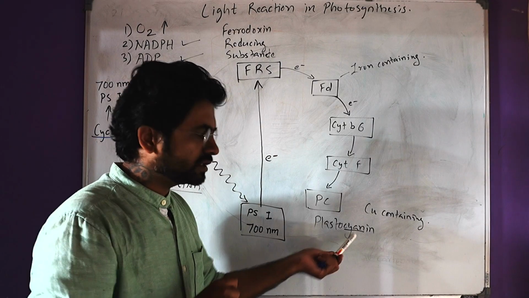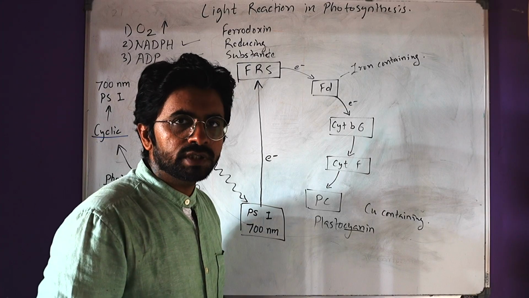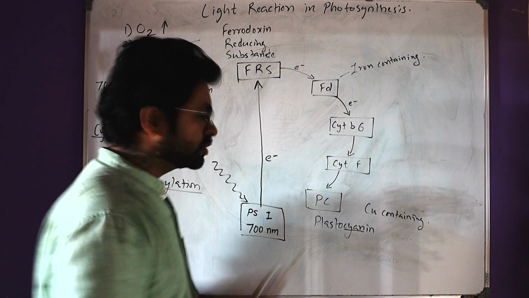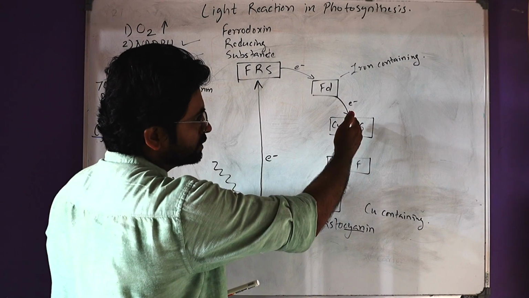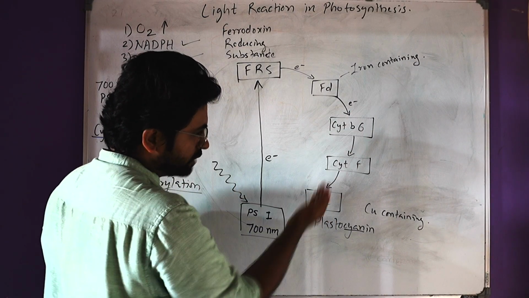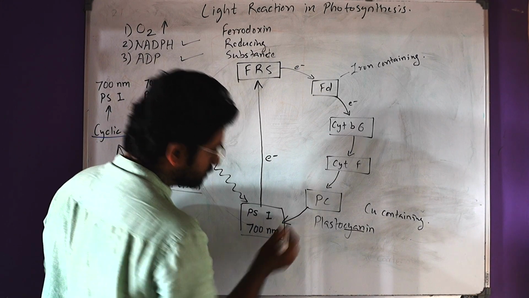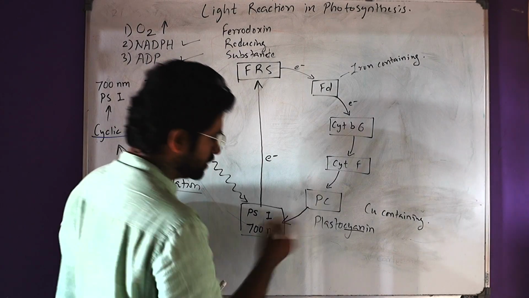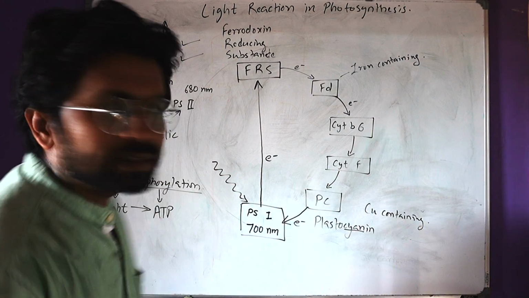So the reference here is that CYAN means blue in color, plastocyanin. So when the electron travels from B6 to F to plastocyanin, it enters again into your photosystem, from plastocyanin to PS1.